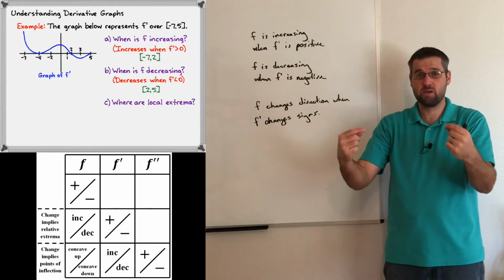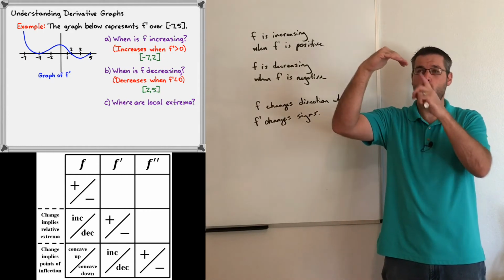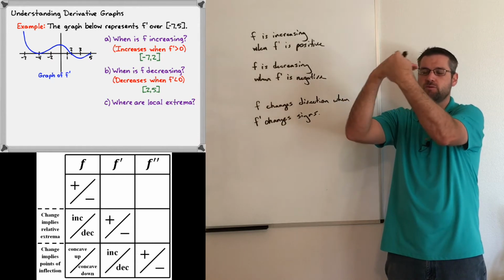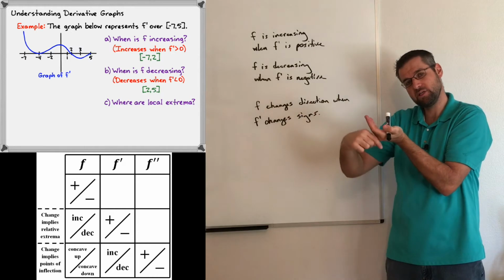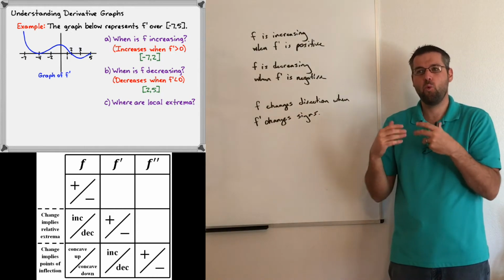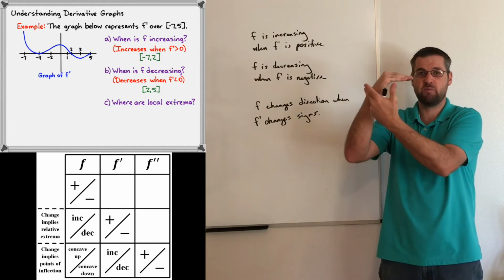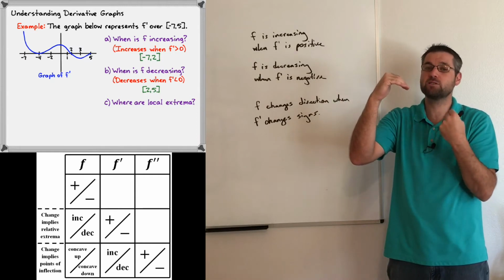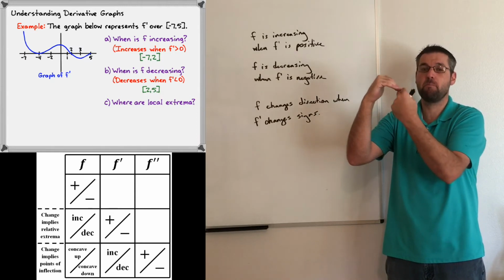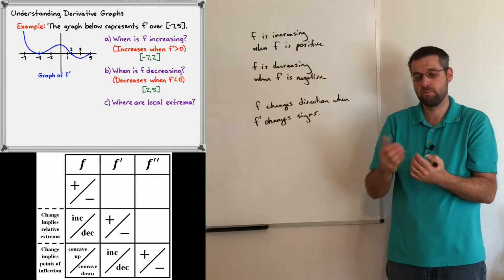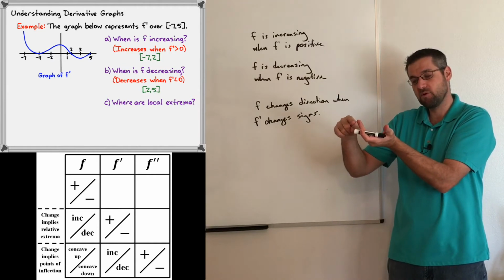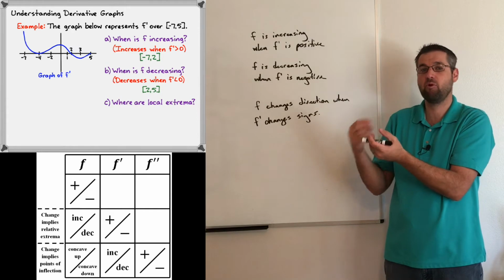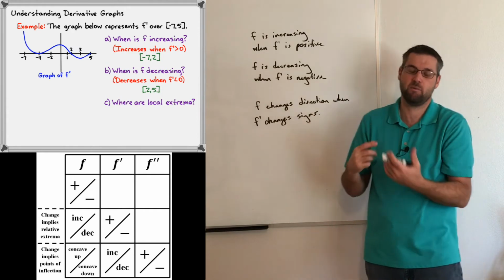We have an extrema on f when we see that the function changes from increasing to decreasing, or from decreasing to increasing. So when does a function change from increasing to decreasing? When its derivative changes from positive to negative. Or, for a local minimum, when f changes from decreasing to increasing, when f prime changes from negative to positive.